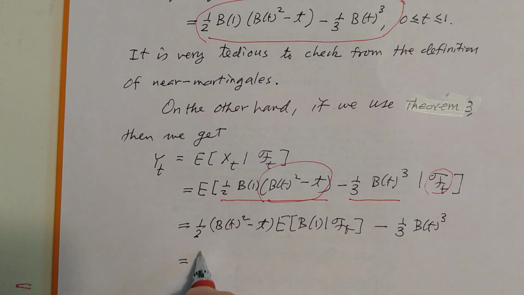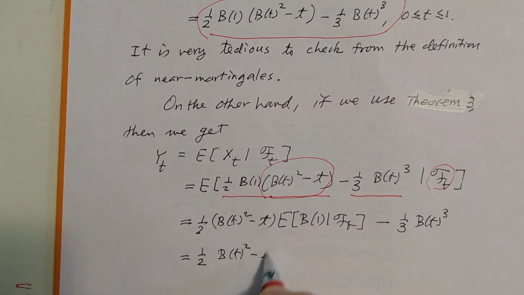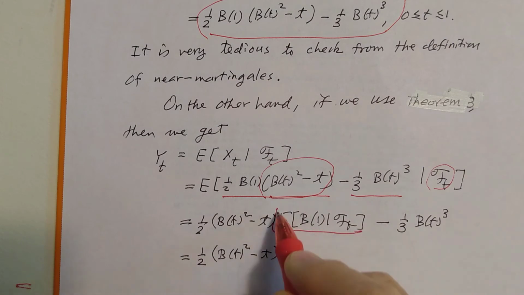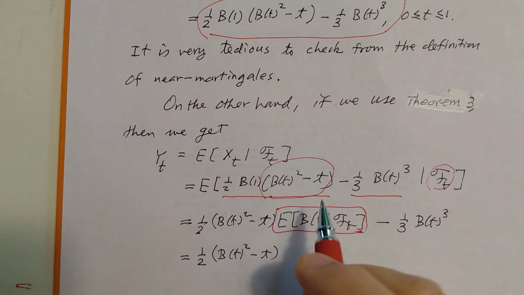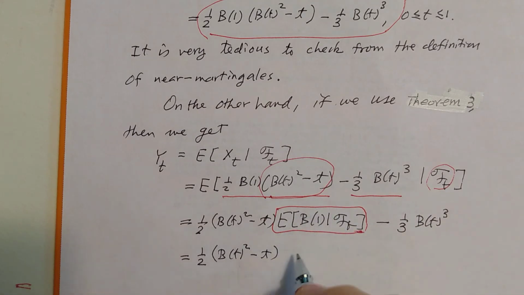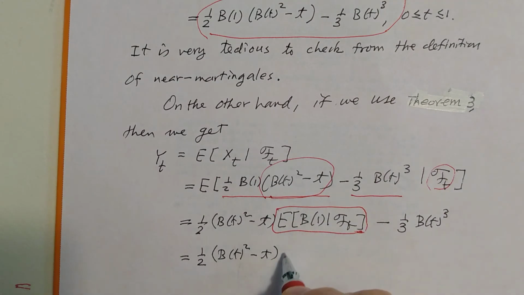And so this is 1/2 of (B_t squared minus t) times, now what is this conditional expectation? Brownian motion is a martingale, so since t is between 0 and 1, this is just B_t.